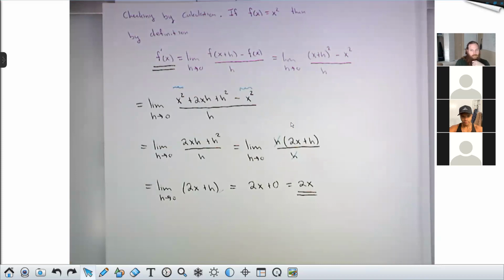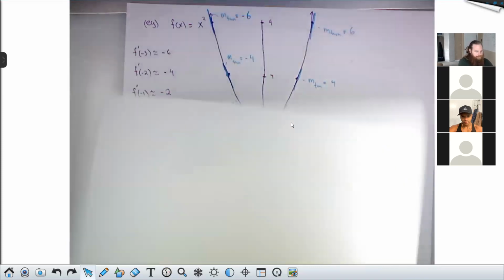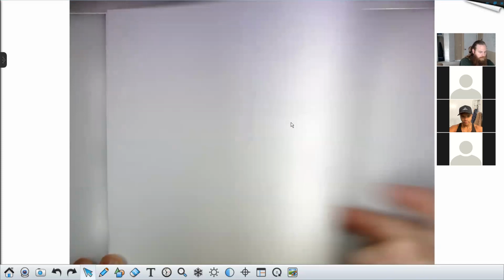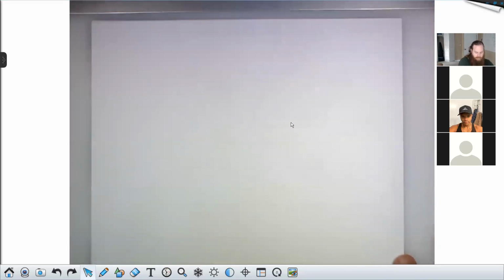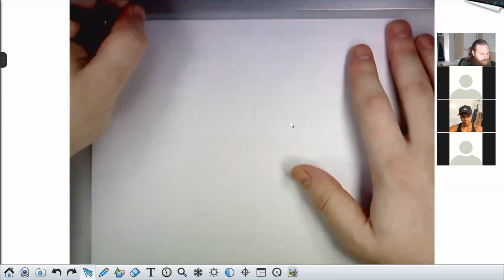Okay then, let's get some more practice with this. This time I'm going to begin with a slightly stranger function, not altogether different. I'll phrase it as it will be in your homework.